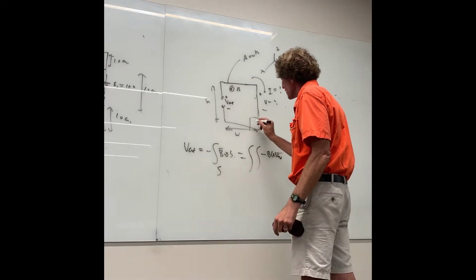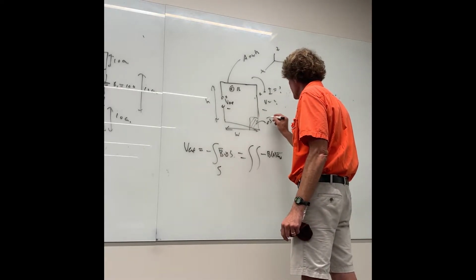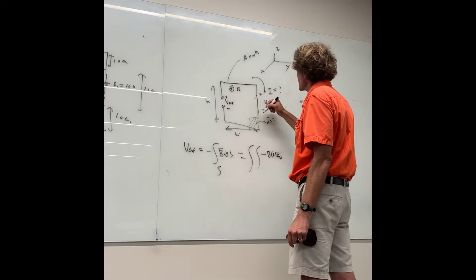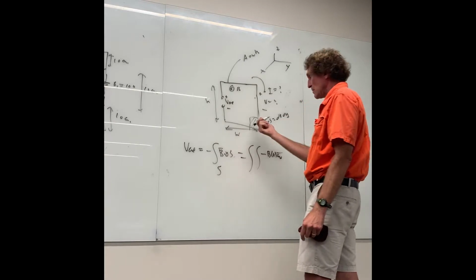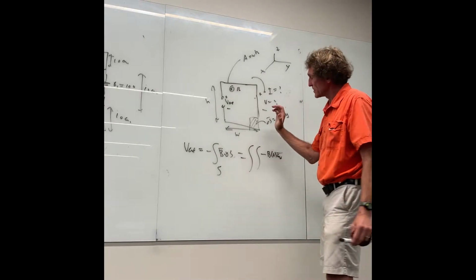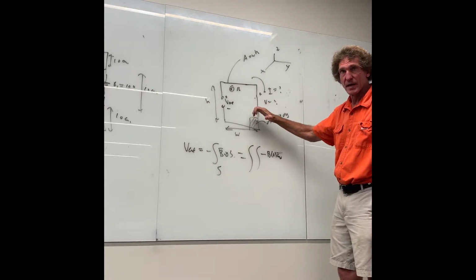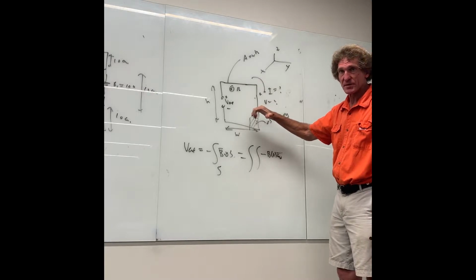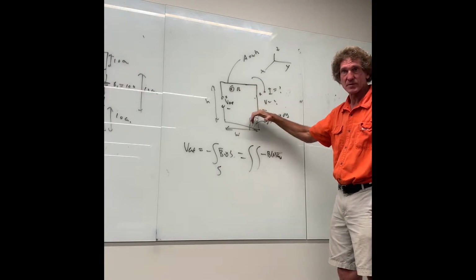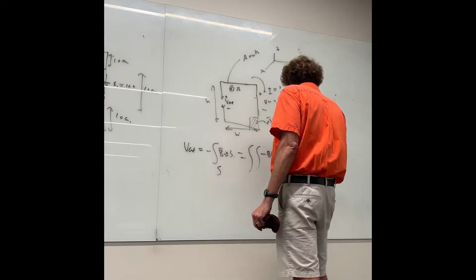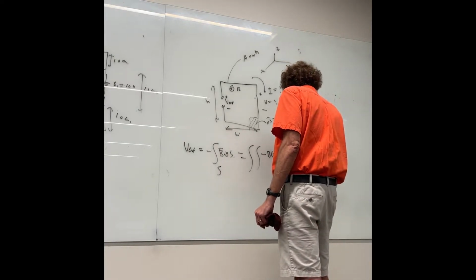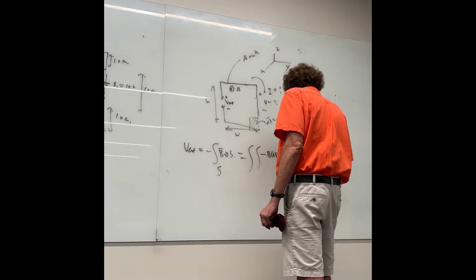The differential surface right here, ds, would be dz dy, and it would be out of the board. Remember, with a differential surface, you grab the surface with your right hand, and your thumb points in the direction of the surface. Follow me on this one? So this is positive a_x, and then it's going to be dz dy a_x.